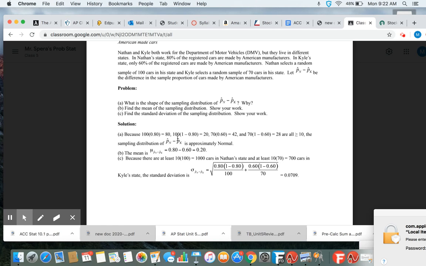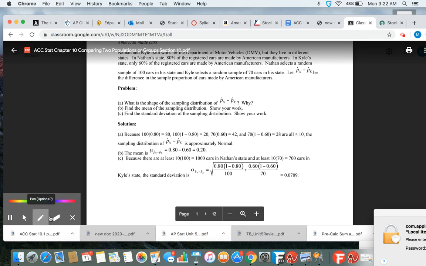The same thing if we did our sample size times 1 minus that 0.8. So if we just look at 80, 20, and we do the same thing for Kyle's state, and we get 42, and we get 28, if all these numbers here satisfy our large counts condition, it is said to be approximately normal. Okay?